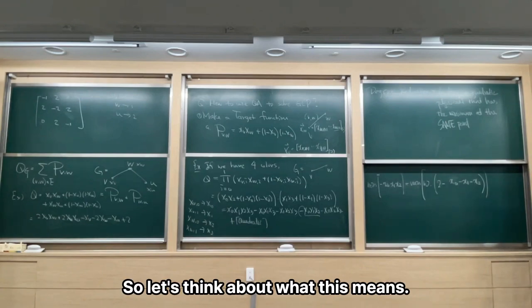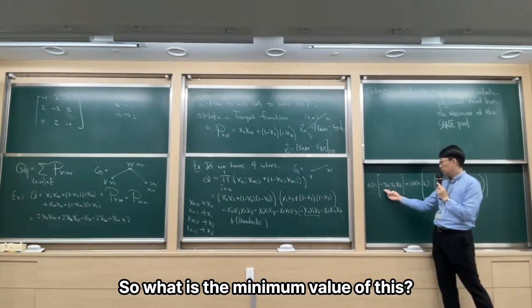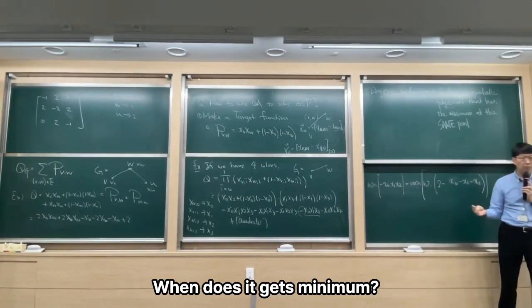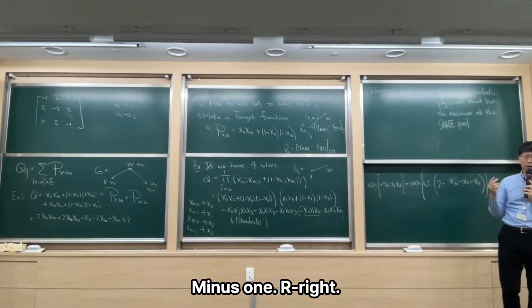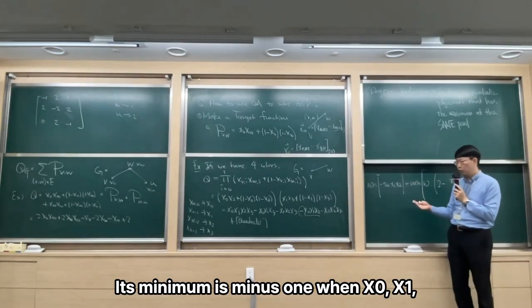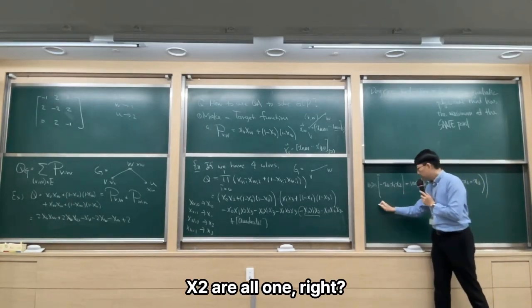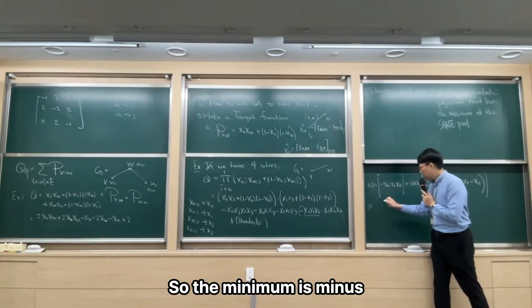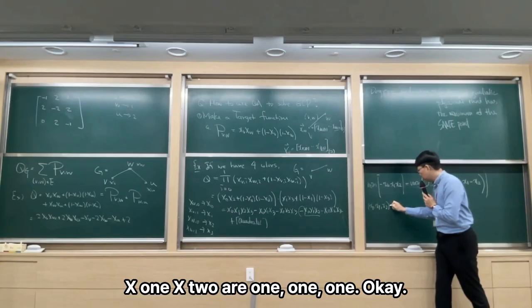So let's think about what this means. What is the minimum value of this? When does it get minimum? Right, its minimum is -1 when x0, x1, x2 are all 1. So the minimum is -1, and that happens when x0, x1, x2 are 1, 1, 1.